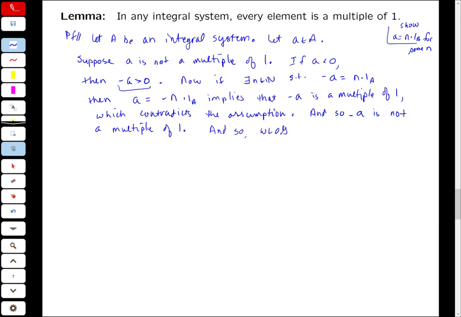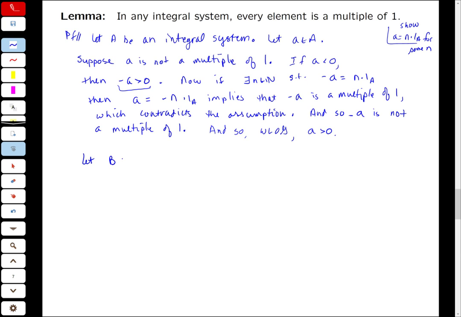So I'm going to assume that A is greater than 0, without loss of generality. It doesn't matter if I'm dealing with the negative or the positive of the A. If one of them is not a multiple of 1, the other one will also not be a multiple of 1. And so I need the positive of it. So without loss of generality, A is greater than 0.